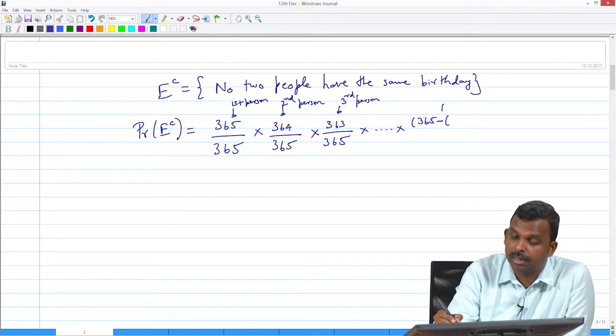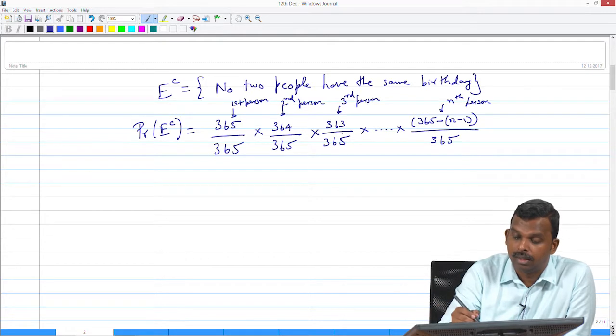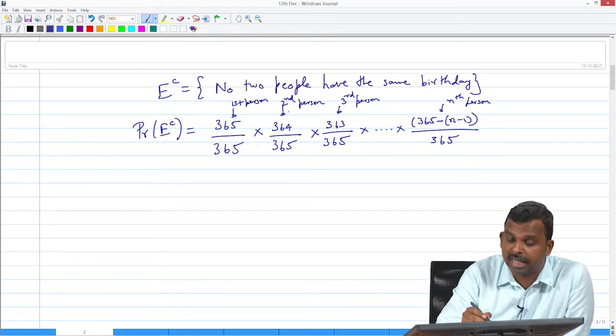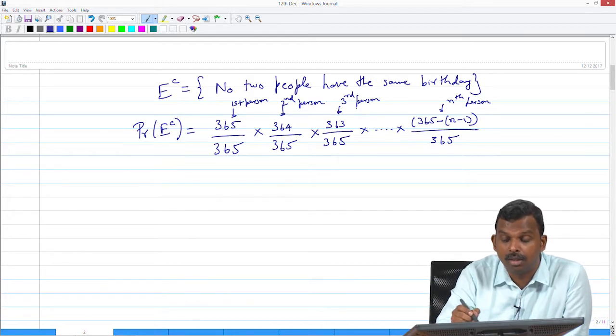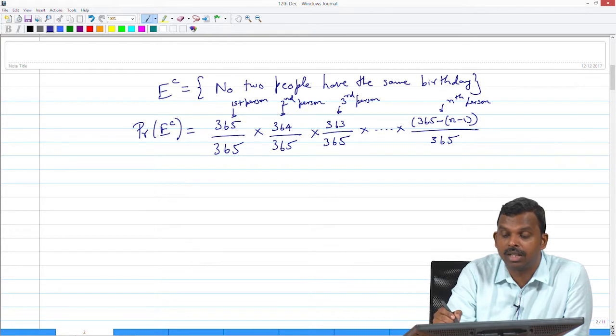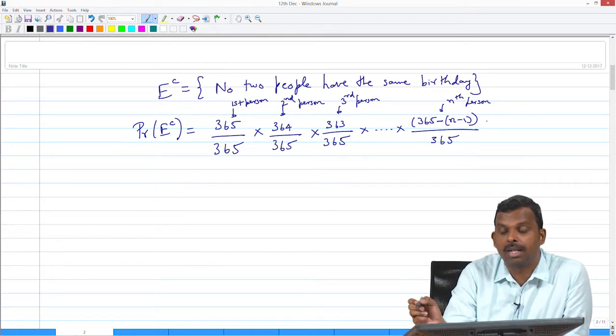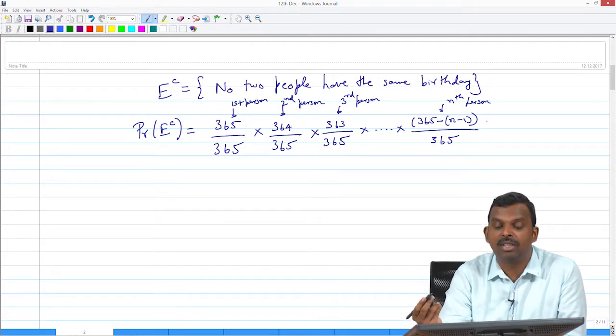For the nth person, you will have n minus 1 here, by 365. How did I get n minus 1 here? You can think about it. For the second person, I have 365 minus 1. For the third person, I have 365 minus 2. So, for the nth person, I should have 365 minus (n minus 1). So, this is the probability that no two people have the same birthday.